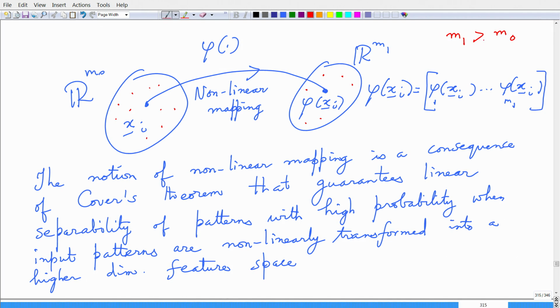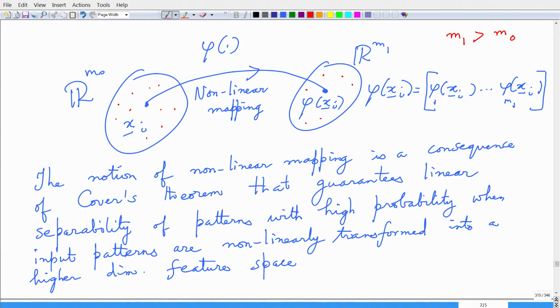I can also put the equality here, but typically we will live with this inequality strictly that M1 is greater than M0, but in general you can think of nonlinear transformations where M1 equals M0. Okay.